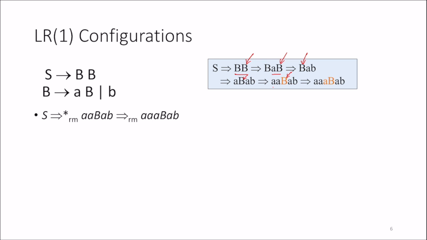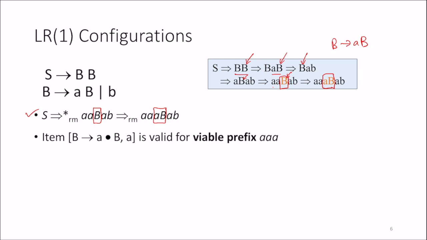Right? So this is what we care about here, this reduce of this AB using the rule B goes to AB. So if I look at this derivation, I've just summarized this worked out series of steps. I said in 0 or more steps I can get to a sequence where I have this AB being reduced with this rule B goes to AB. Now we say that this item B goes to A dot B in the context of A is valid. Notice that this context A is represented in this derivation by this symbol here.